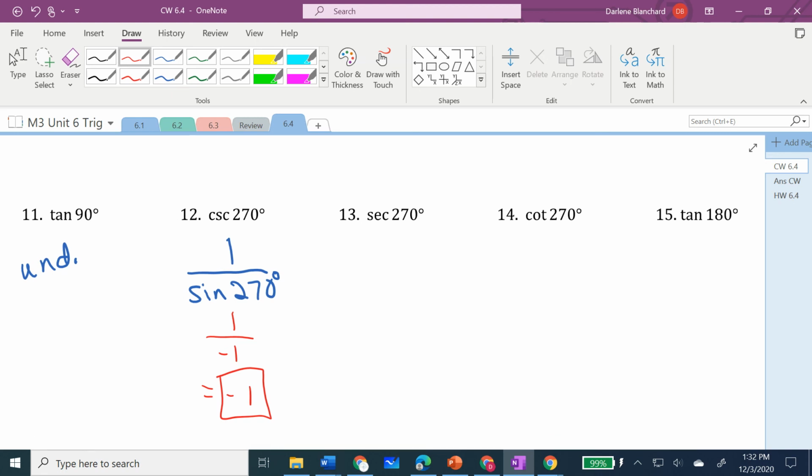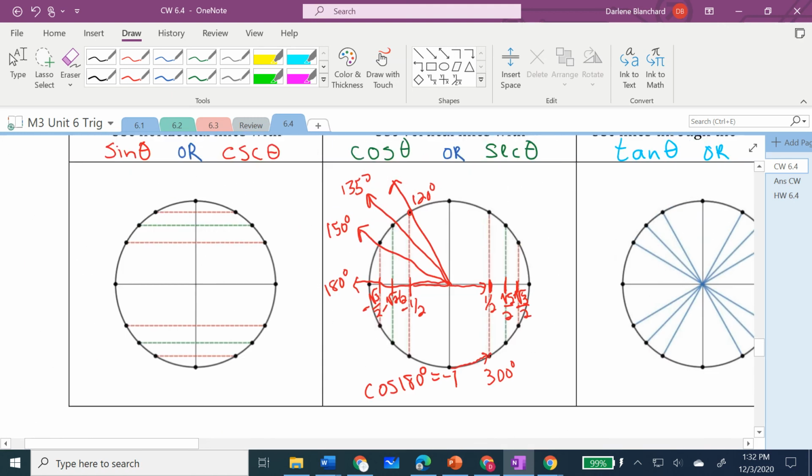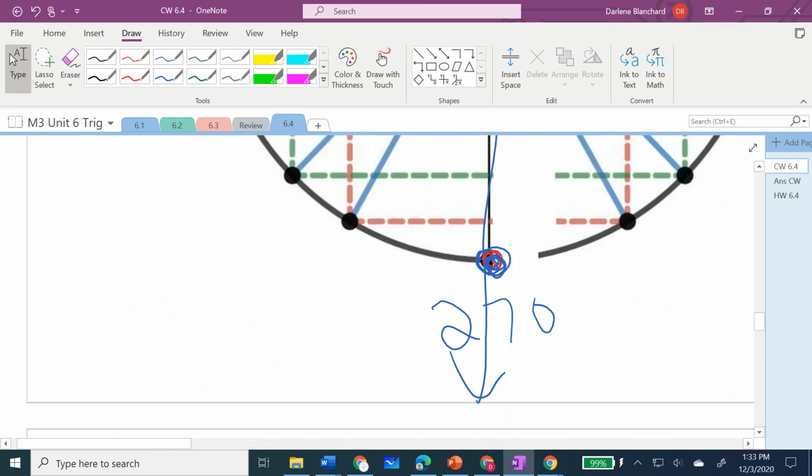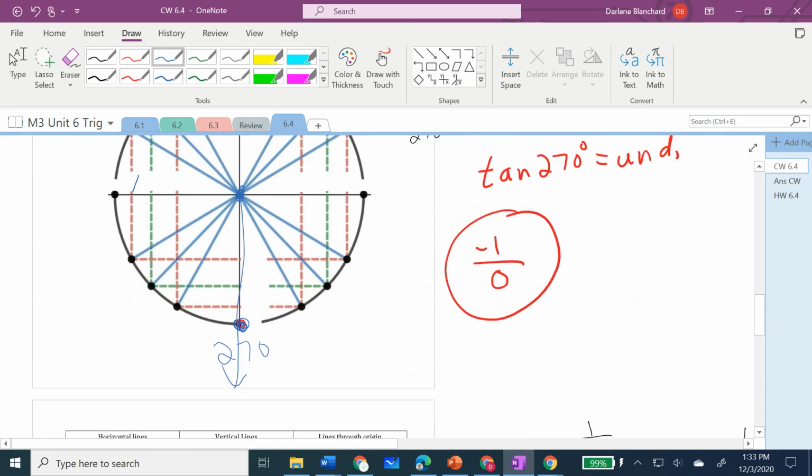Okay, secant of 270 degrees. Who is the reciprocal function of secant? Cosine. So now, what is the cosine of 270 degrees? What is the x-coordinate of this point? 0.